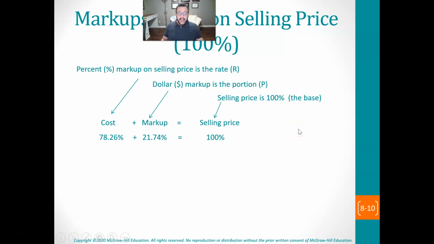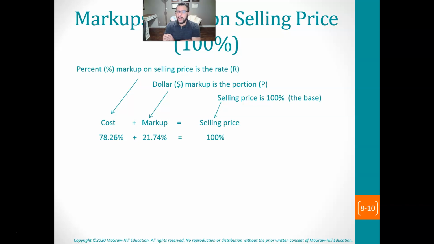Now that we have seen that there are two different ways of marking up, on selling price and on cost, why is there a difference? Well, here's what we're really saying. When people are selling things, it all depends upon the information that they have. So if someone says, all right, I can buy pens for $1 a piece, I'm going to spend $1 and get a pen.